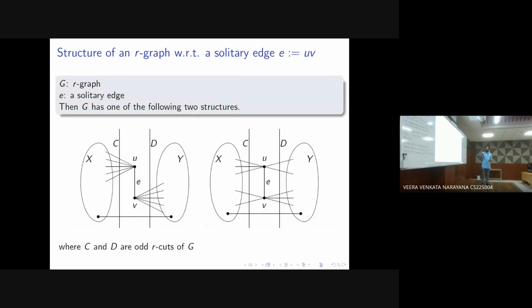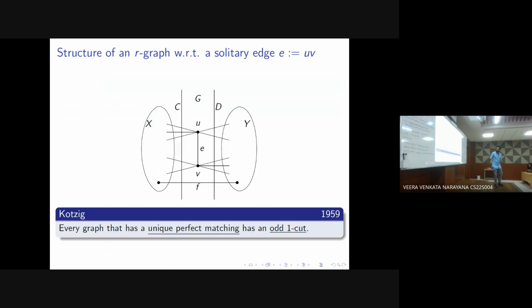So for any r-graph with a solitary edge, it has one of two following patterns. Why are both sides odd? It comes from the fact that an r-graph is matching covered, right? That means it has a perfect matching, therefore both sides are odd.